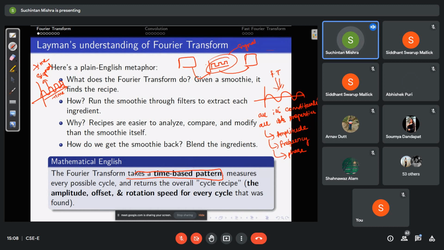Now it takes a time-based signal, measures every possible cycle and returns the overall cycle recipe, which are amplitude, offset and rotation speed. Amplitude, offset, frequency, phase, rotation speed, all those information can be got from the signal itself. So I am giving you the shake, I am asking you find all the ingredients. That is the job of your Fourier transform. Okay.